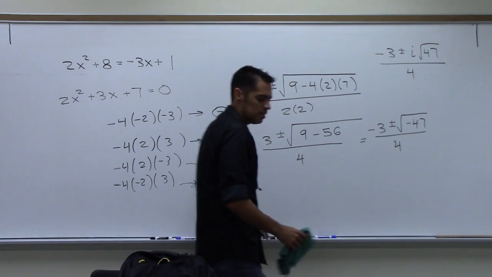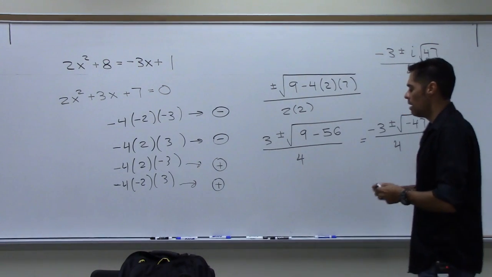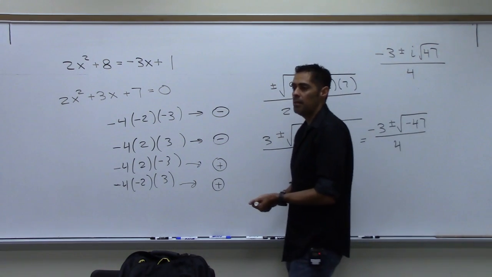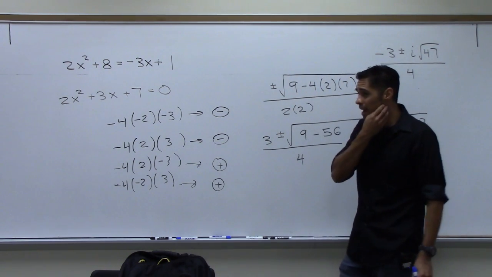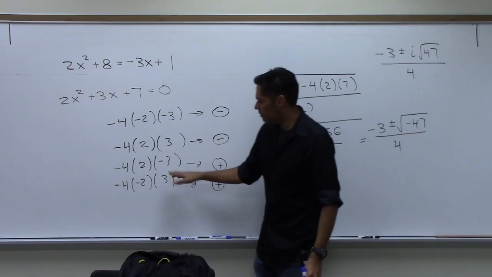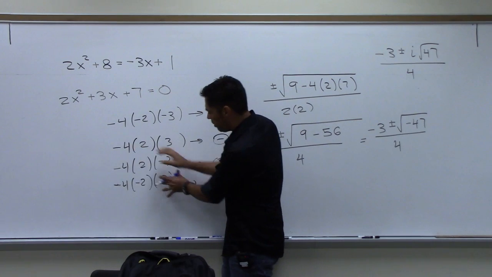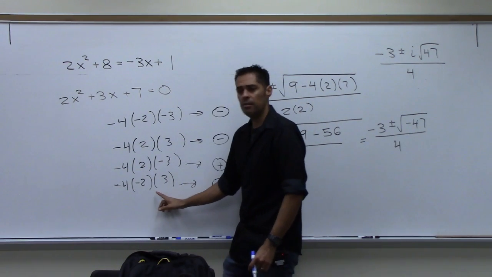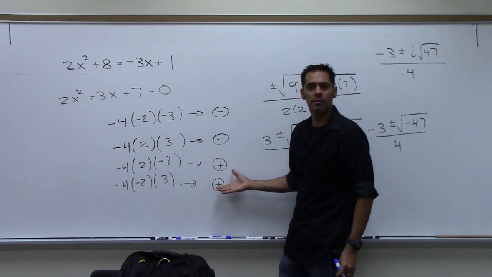Now, the reason I'm showing this to you is because some people just get into a habit of counting how many negatives they have. You can kind of see here, just look at this whole expression. If you see 2 minus signs, it's going to be positive.